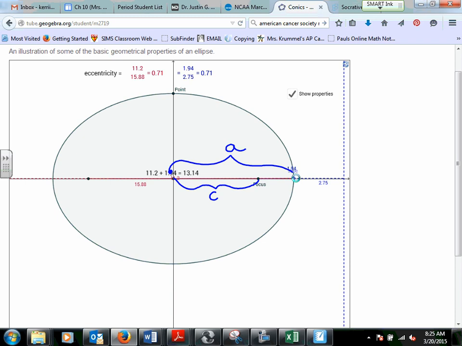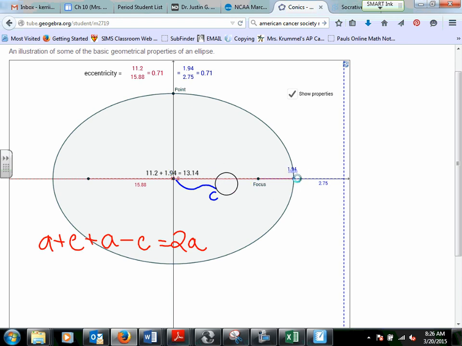So A plus C. What's the distance of the blue one, from here to here? A minus C. So what do those two add up to be? 2A. Perfect. So the red and the blue add up to be 2A.